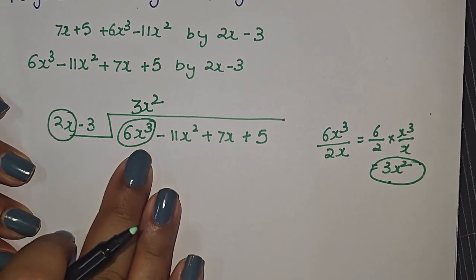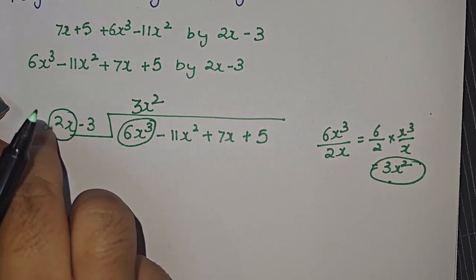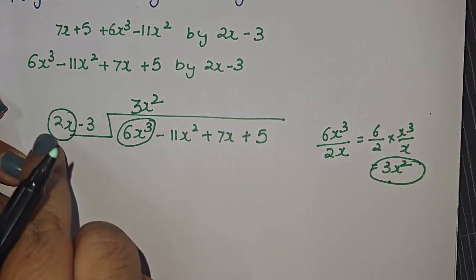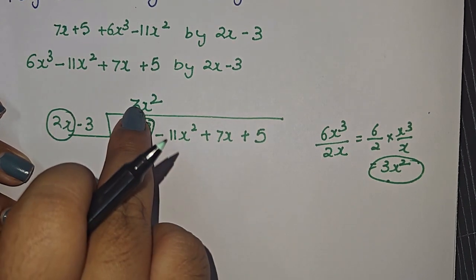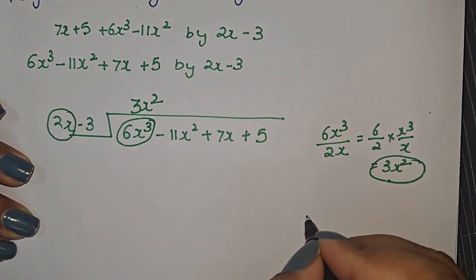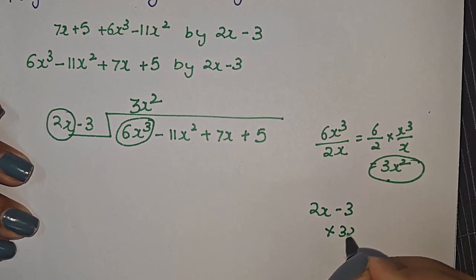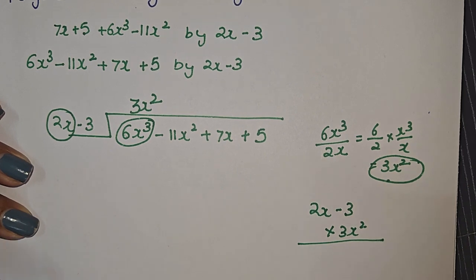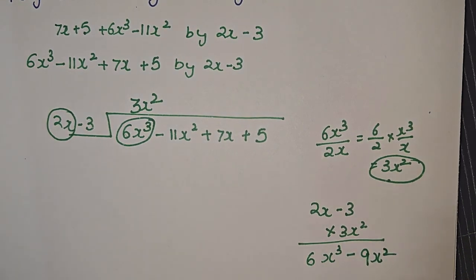Now the next step is to multiply the whole divisor by this term. So what will it be? We have 2x minus 3 into 3x^2. It will be 6x to the power 3 minus 9x^2.